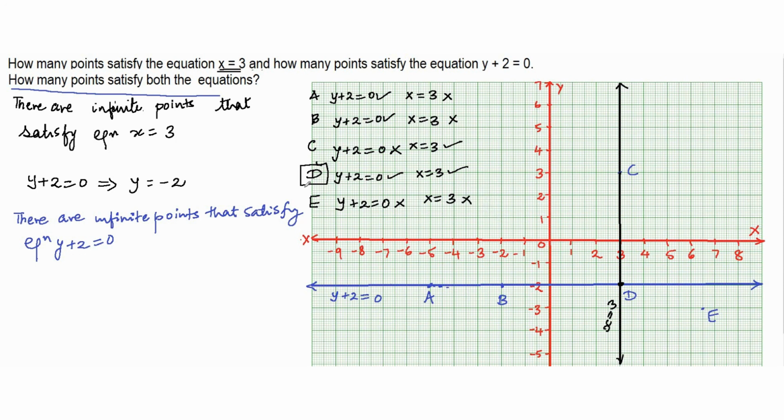So the point D, which is the intersection of these two lines, is the only point that satisfies both the equations.